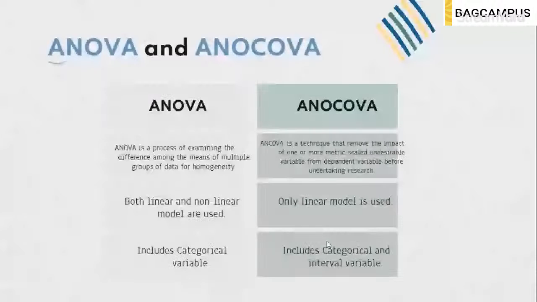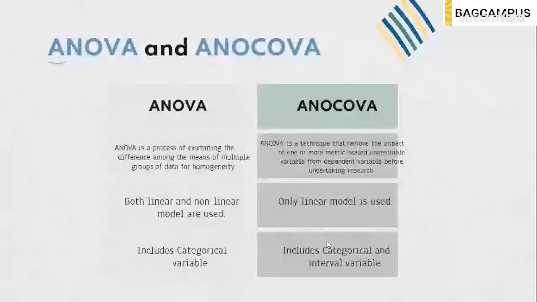ANOVA is a process of examining the difference among means of multiple groups of data for homogeneity. ANCOVA is a technique that removes the impact of one or more metric-scaled undesirable variables from the dependent variable before undertaking research.